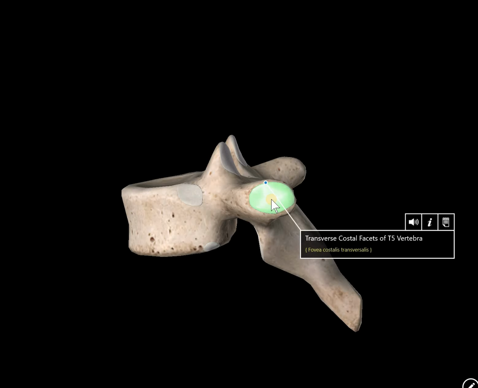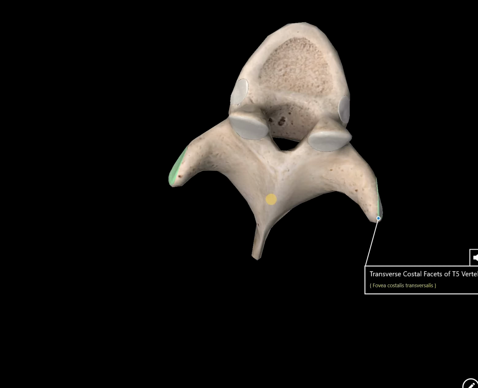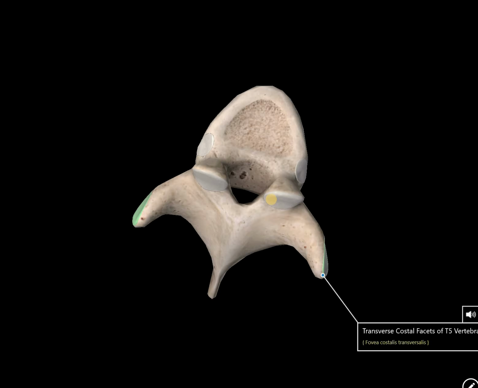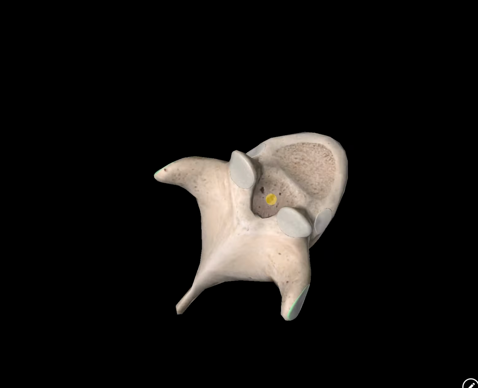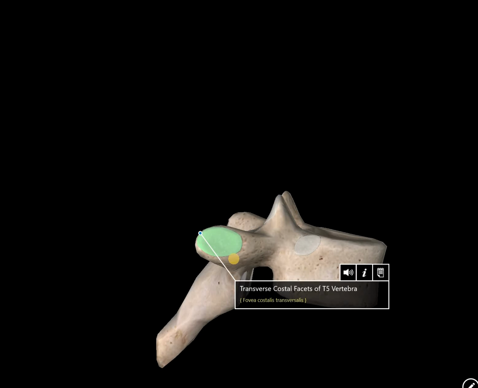And there's your transverse costal facet that also receives part of the rib. So thoracic will have costal facets or rib facets and that long slender spinous. Classic to a thoracic bone.